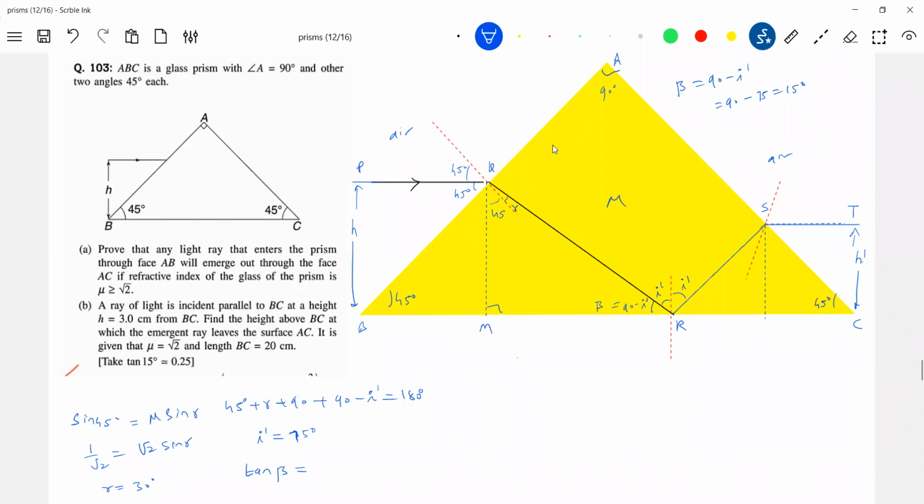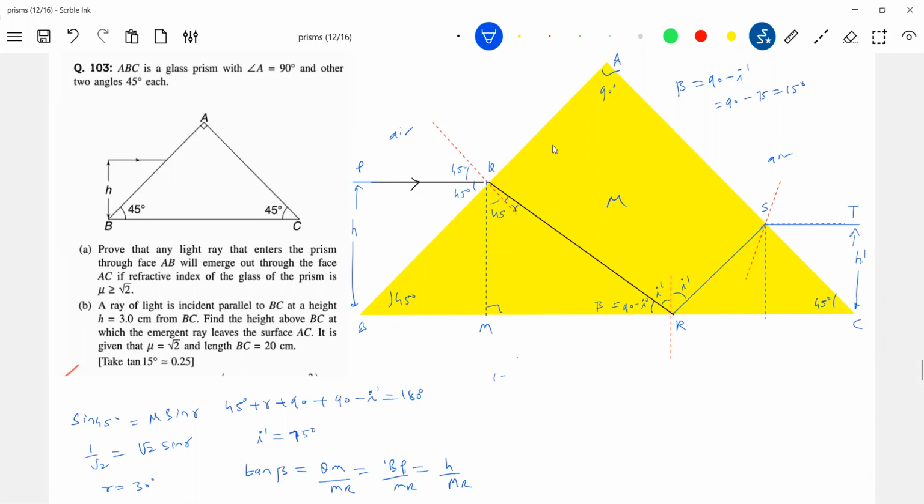QM is equal to BP, and BP is H. We know tan 15 degrees, so from that equation I'll get the value of MR. If I know MR, and we know H, I can get the BQ. From BQ, I'll get the BM. Like that, I'll get the BR. After getting BR, I can easily calculate RC.